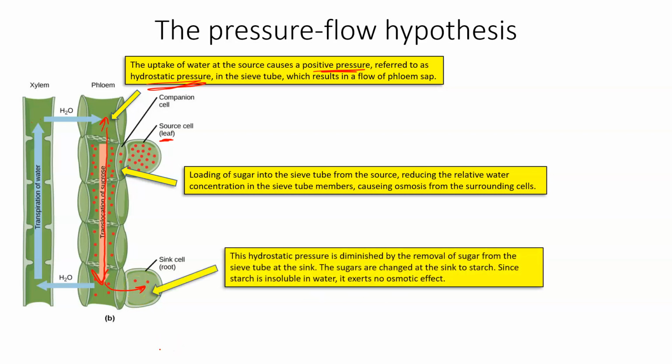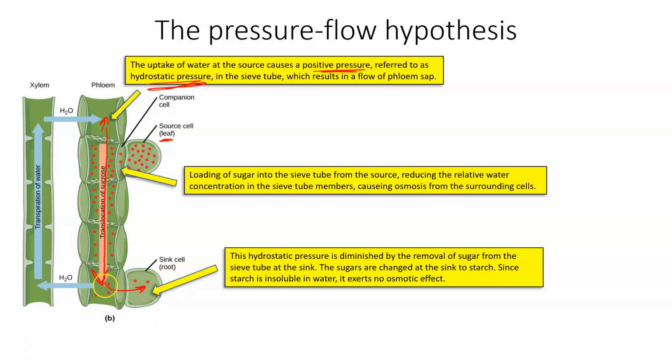This hydrostatic pressure is diminished by the removal of sugar from the sieve tube at the sink. The sugars are changed into starch at the sink, and since starch is insoluble in water, it exerts no osmotic effect because it is not a solute at that point, as it is not dissolvable in water.